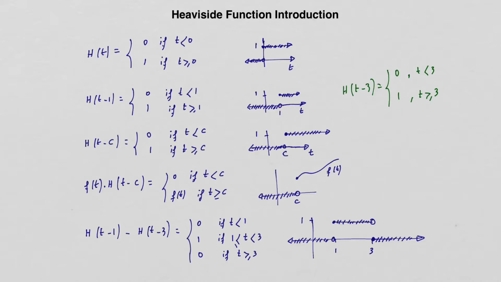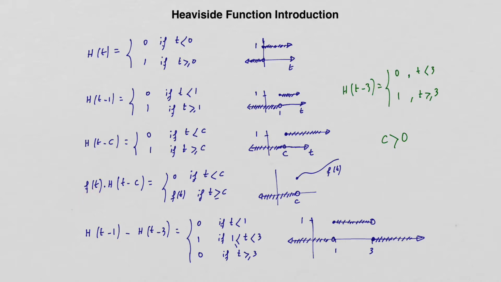So if I have h of t minus c, let's just assume c is positive, because I put it on the positive side of the t-axis. The same thing happens: the switch happens at c, not at 1, not at 0, but at c. Now, what if I take this function and multiply it by some f of t?